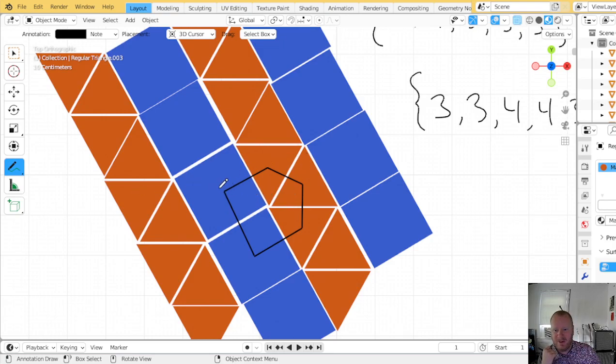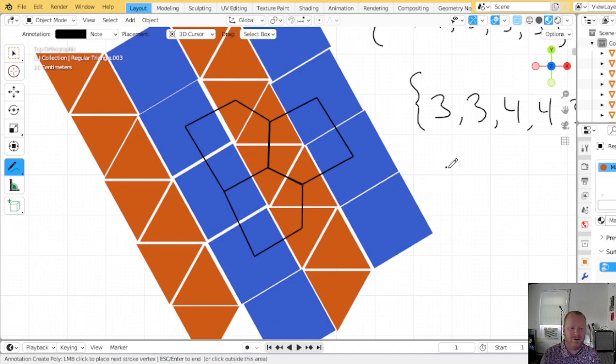If I try to make another polygon of that type around this other vertex, here you can see I've made another pentagon, and if I try that same thing over here, I also make a pentagon. And this pentagon that I'm making is called the dual polygon.